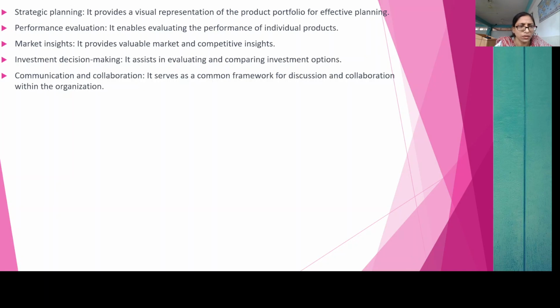Market insights and investment decision making, as we have discussed, resource allocation, you have to make your investment plan also. Communication and collaboration: it's a very common framework for discussion and collaboration.